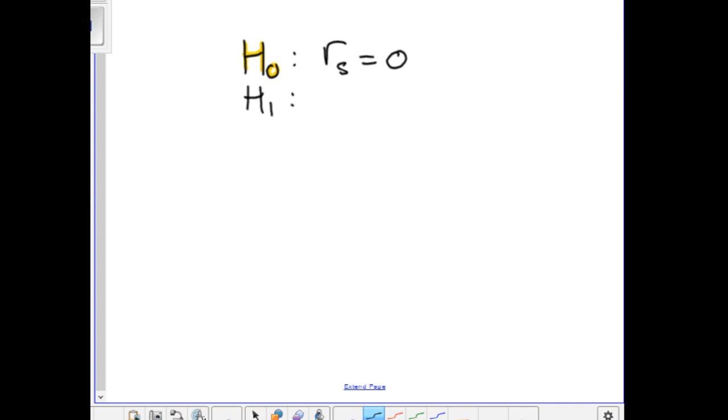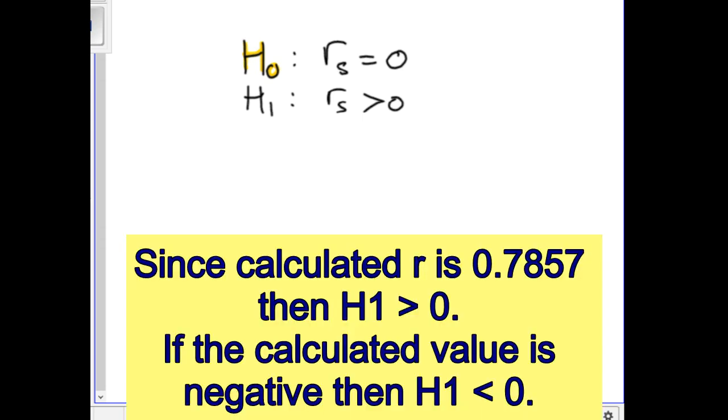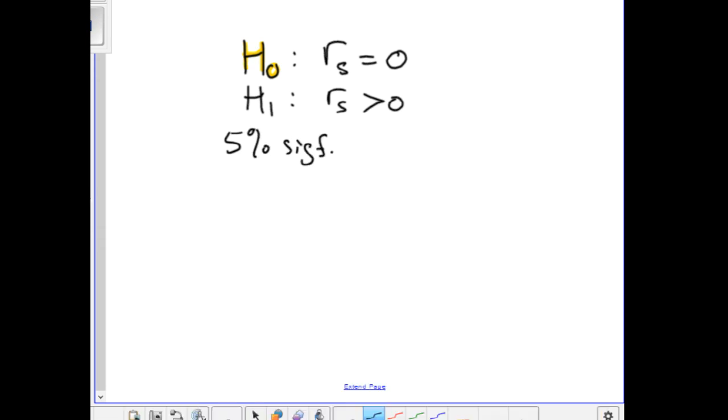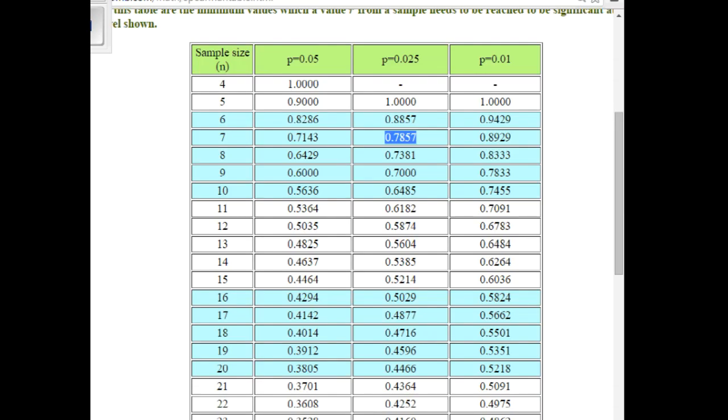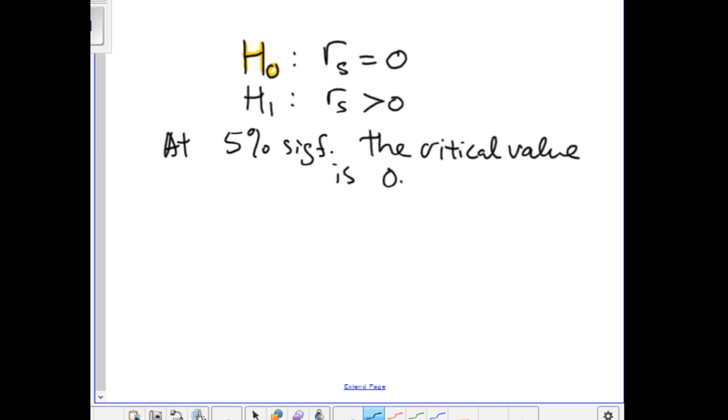The alternative, because our number 0.7857 is a positive number, is that the correlation is positive. And we let it be at the 5% significance level. At the 5% significance level, the critical value from the website is 0.7143, right?